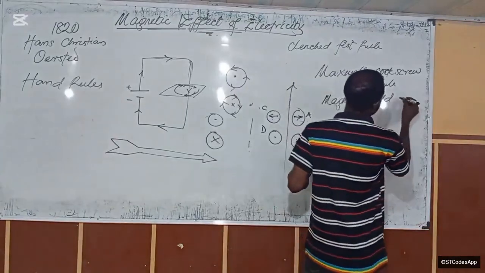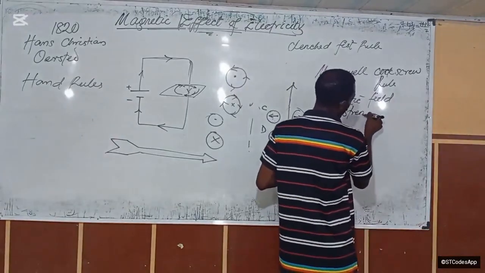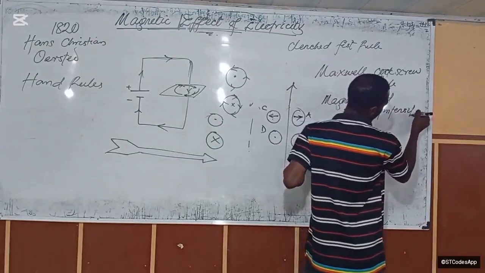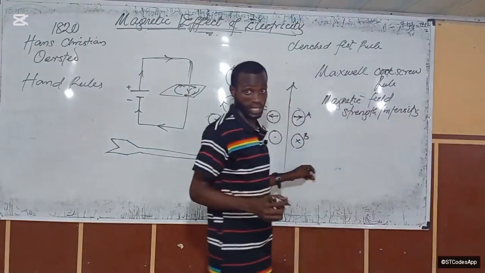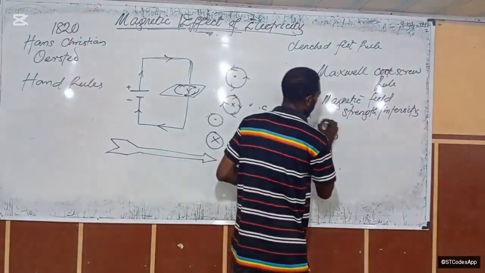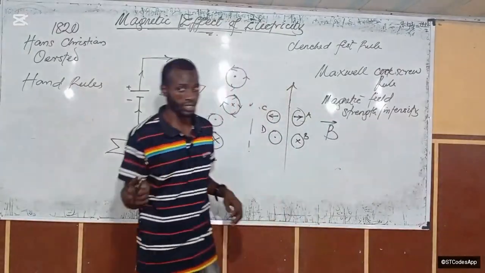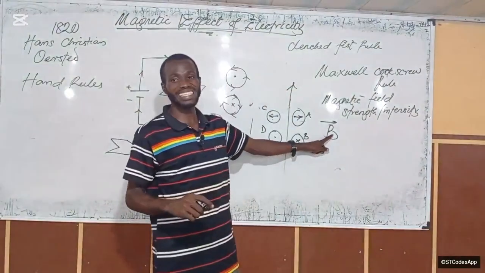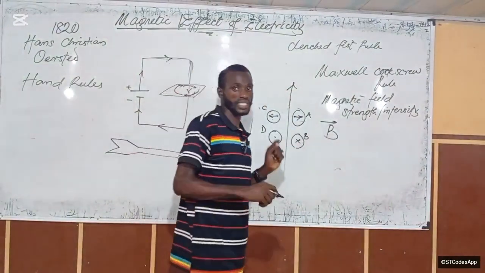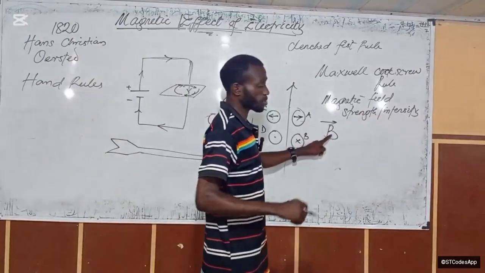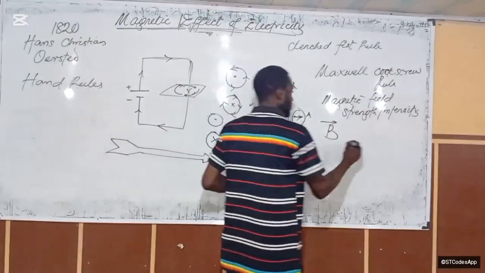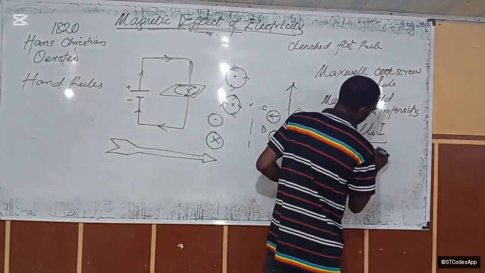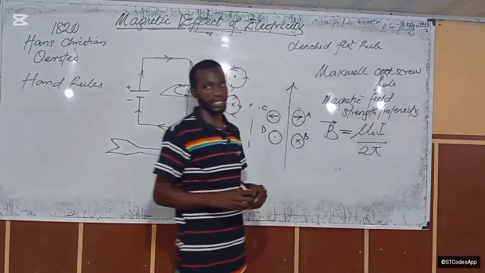The magnetic field strength, or magnetic field intensity, is given by the vector B. Is that okay? It's a vector quantity. It's also called magnetic flux density. Is that okay? Magnetic flux density. And this one is what? Magnetic field intensity. It's given by the formula mu naught I over 2 pi. Does that make sense now?